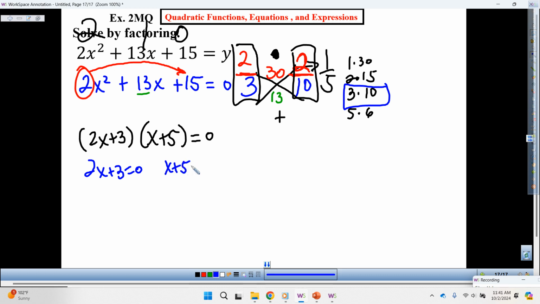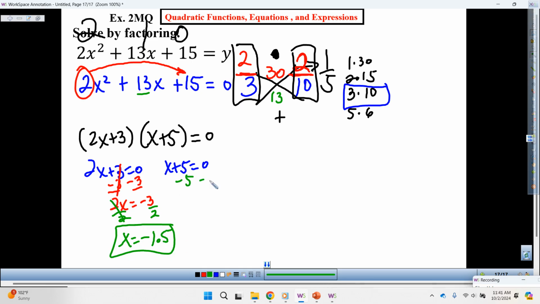X plus 5 equal to 0. Let's solve. Minus 3, minus 3. 2x equals negative 3. Divide by 2, divide by 2. X equals negative 1.5. Minus 5, minus 5. X equals negative 5. Hands, have you got that? All right, send that in, please.